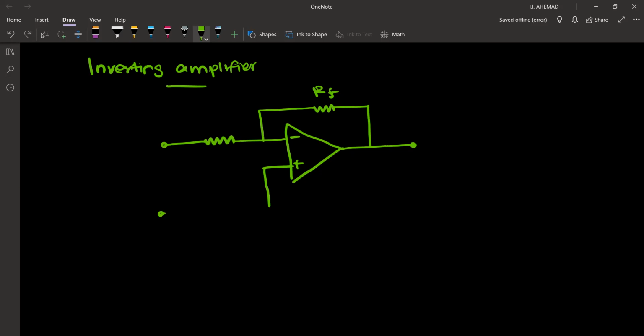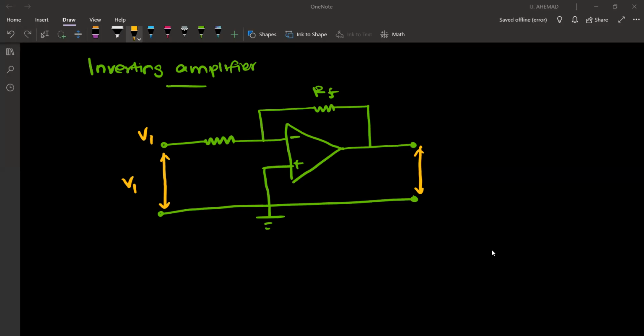Now, we provide an input V1, so the potential difference between these two points is V1.